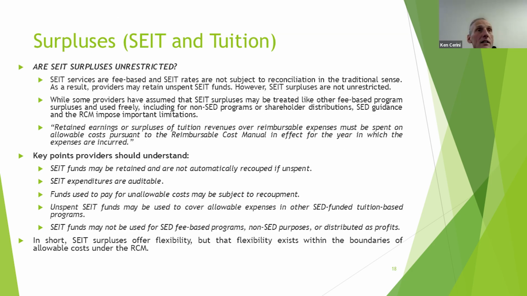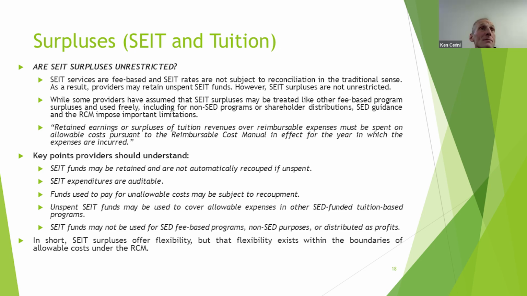One of the things that came up, which Kelly had mentioned earlier, is that if you do have a CEIT surplus, that CEIT surplus can only be used to offset tuition-based or CEIT tuition-based losses, or carried forward for future tuition or CEIT over expenditures. You cannot use it to fund another program, whether tuition-based or CEIT-based.